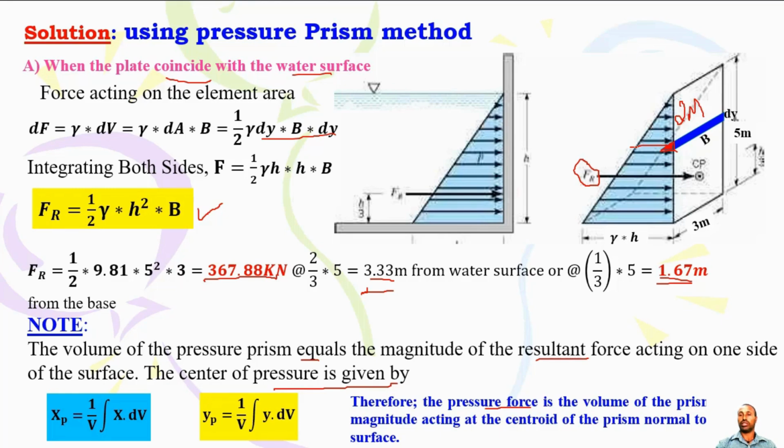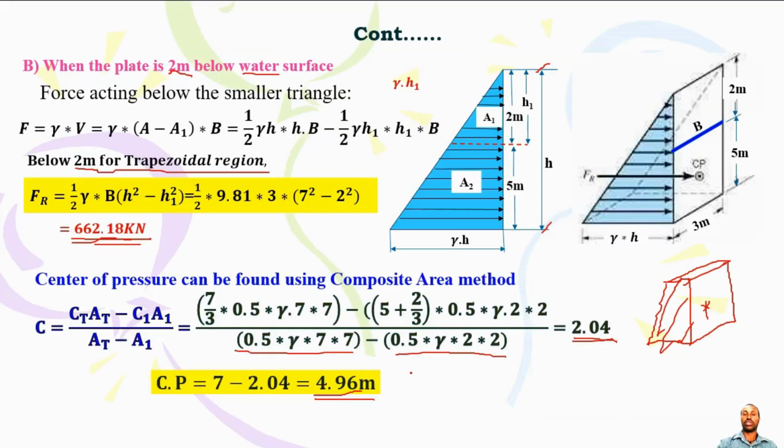So it will be a trapezoidal structure, and you can calculate this. Since you have a trapezoidal cross section, we apply this one from the base. From the total you subtract this area, which is 5 plus 2 over 3, one third of 2, the centroid of this one. Then the remaining portion will be the trapezoidal cross section, which is the pressure prism.